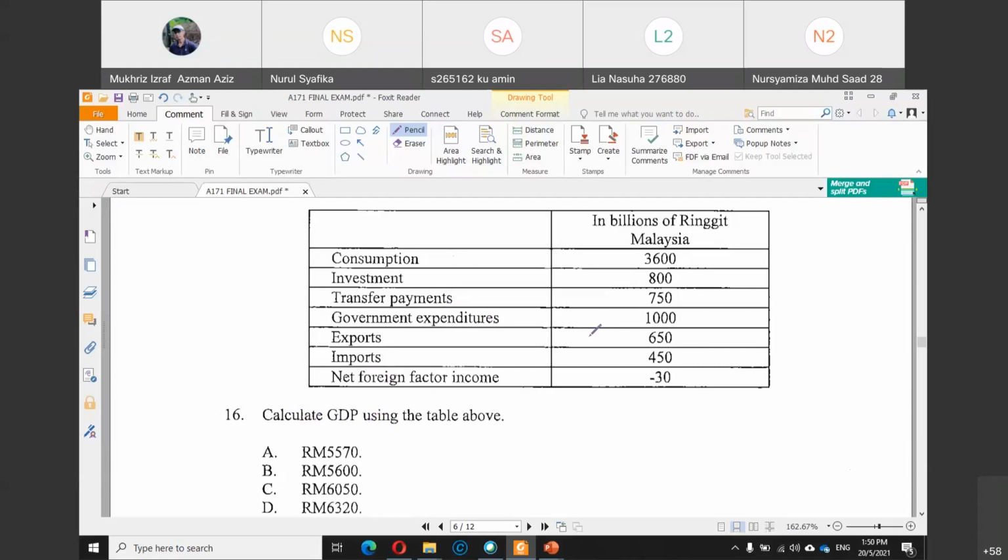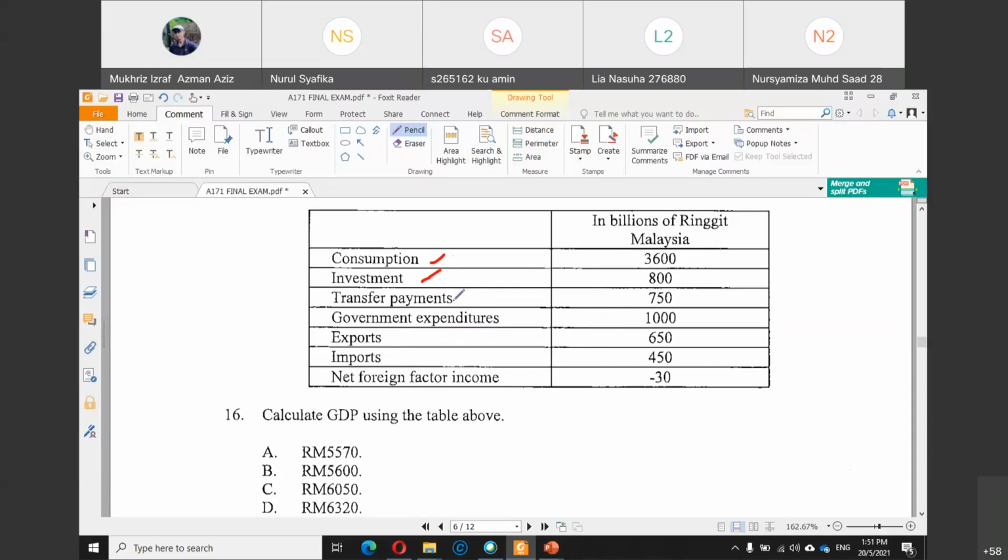except questions on the double counting problem. Okay, so here you have consumption, investment, transfer payment, government expenditure, export, import. I think there are two groups of components here.